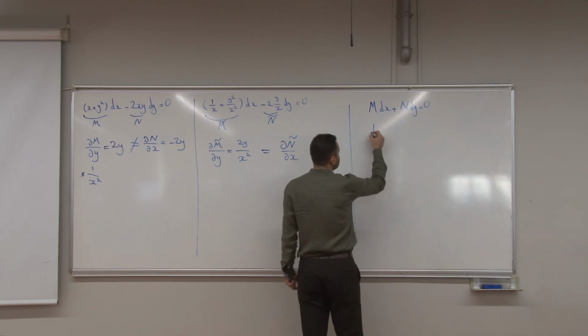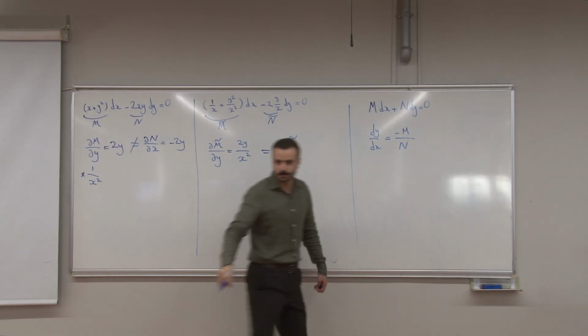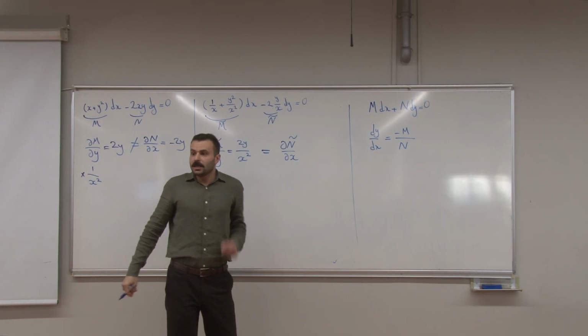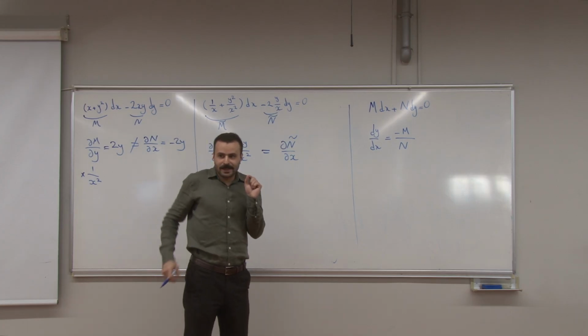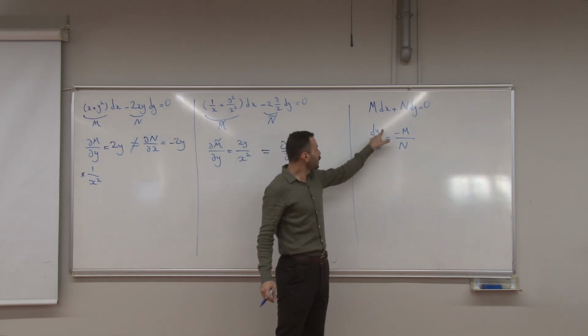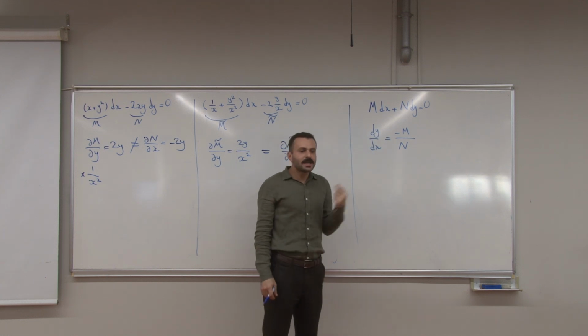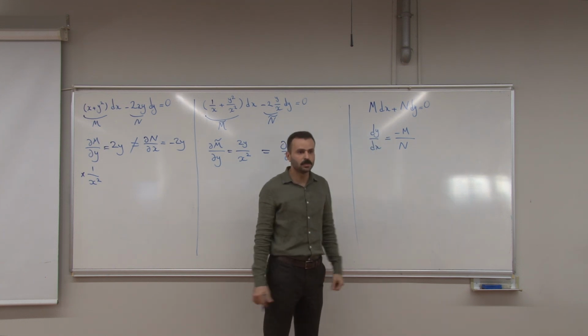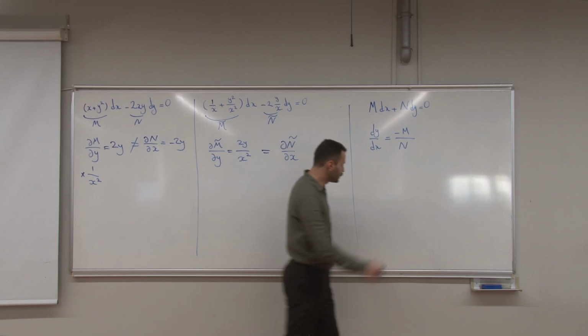We can write this as dy over dx equal to minus n over n, right? Assume that now I'm considering this y and this x as functions of time, t. What do I mean by this?